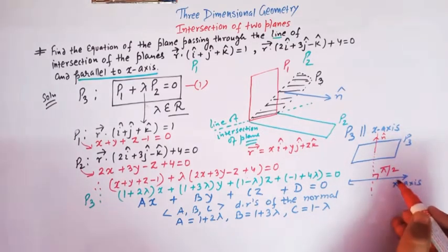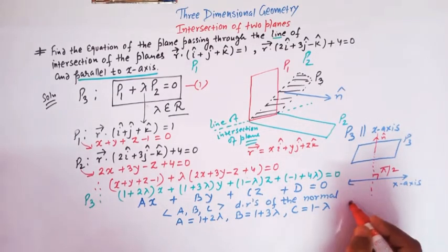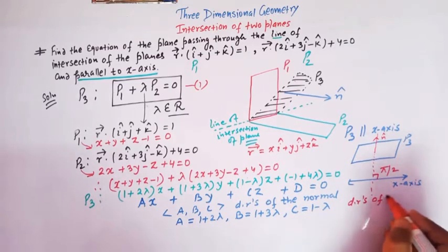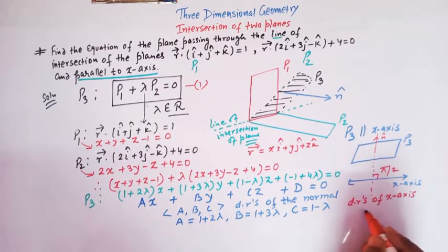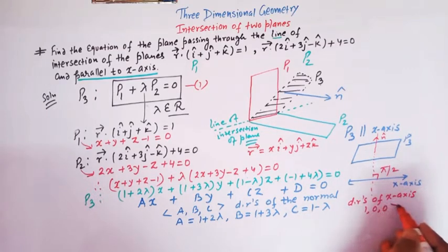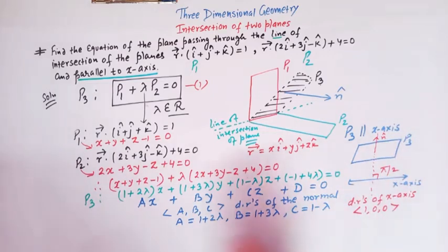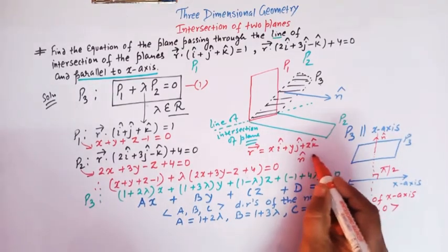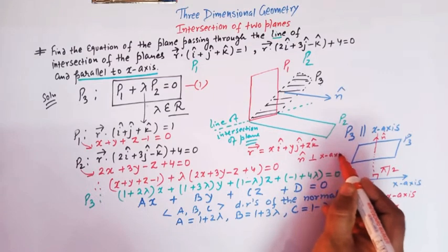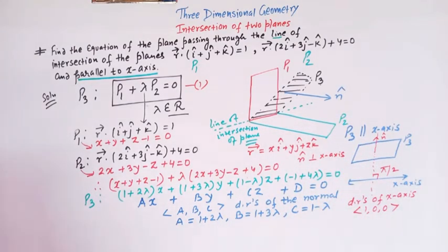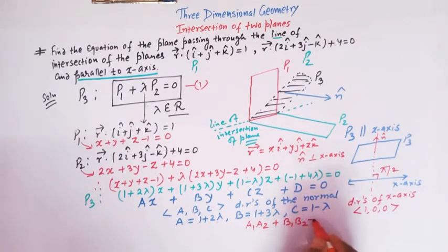So now we know that the direction ratios of x-axis are given by 1, 0, 0, right? And the normal vector is perpendicular to x-axis, right? And when two vectors are perpendicular, then the condition is given by a1 a2 plus b1 b2 plus c1 c2 is equal to 0, right?